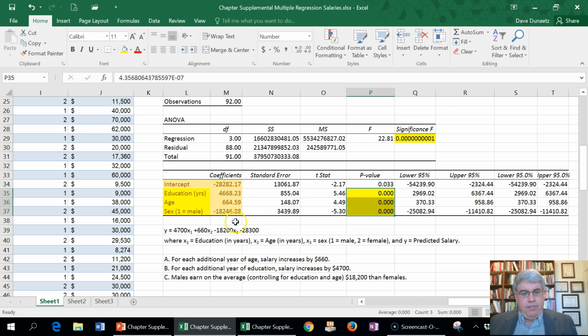And the p-value for sex indicates that, yes, we can be sure that males on the average earn more than females. And so, in a sense, you lose money for being a female, just using these three variables as predictors.